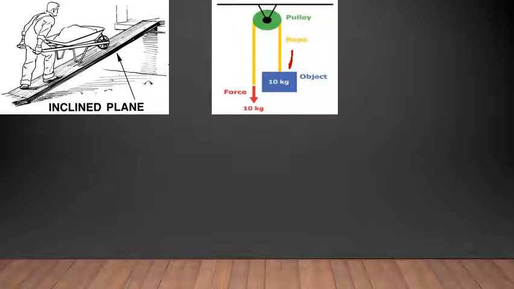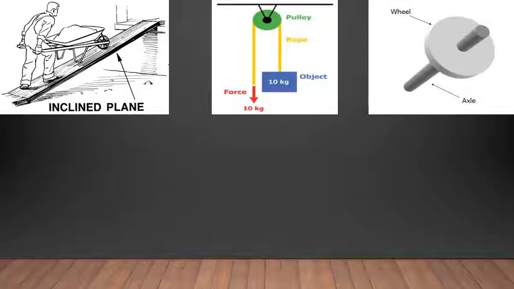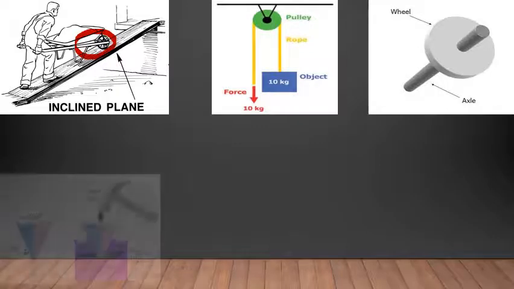Next is a wheel and axle. Now here you can see a wheel. Here in the inclined plane you can see a wheel and how it is helping that man to push the goods on the truck.